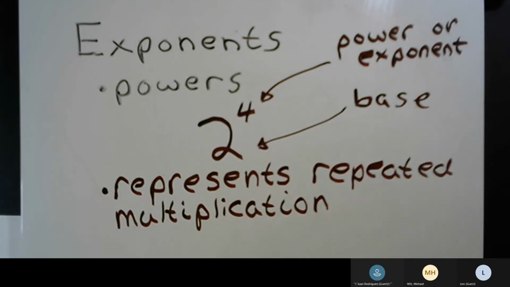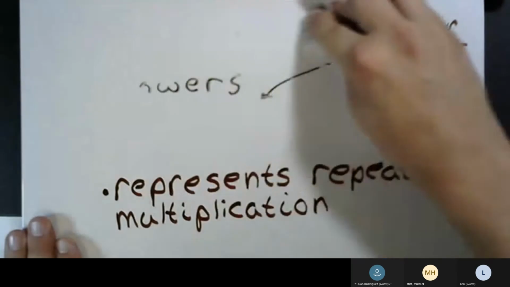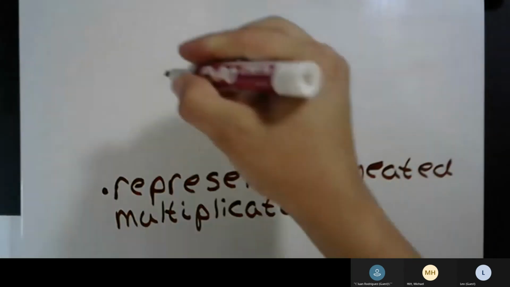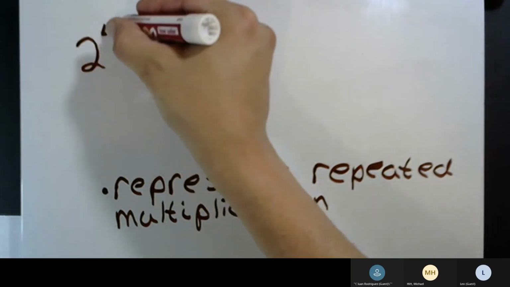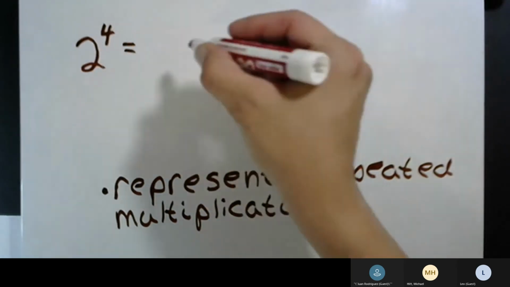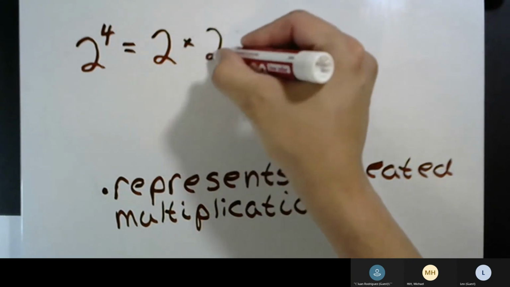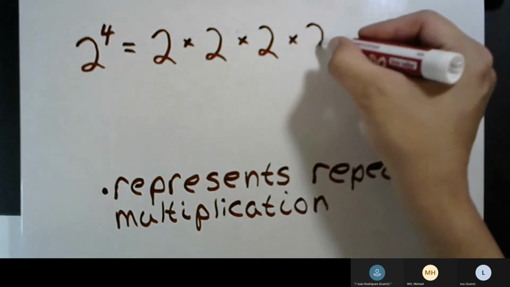So the idea is going to be this. Two with an exponent of 4 is 2 times 2 times 2 times 2.